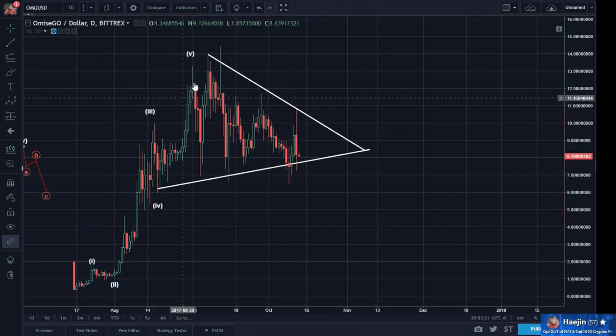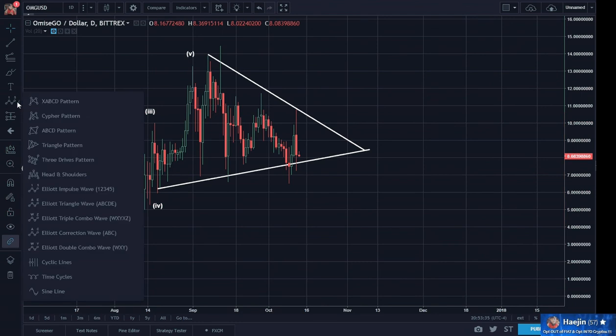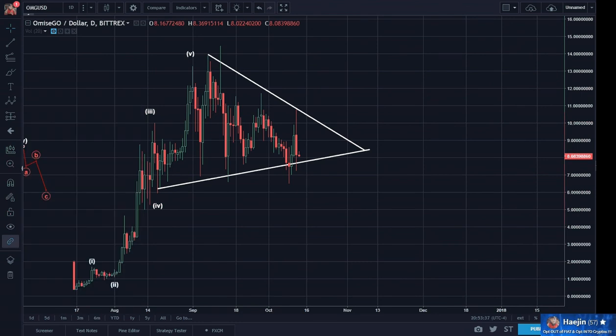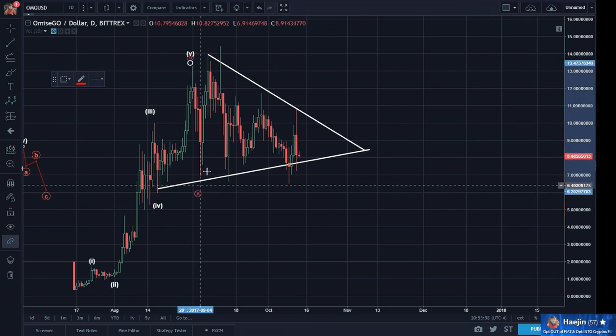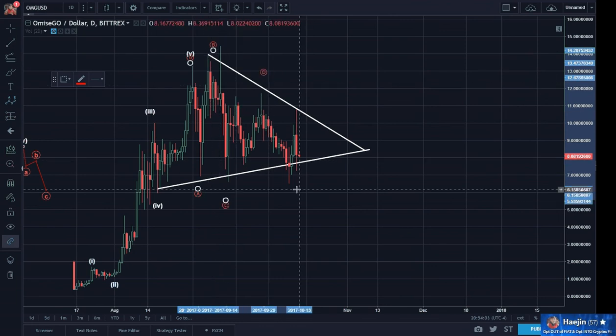And this symmetrical triangle is even and horizontal. It's not pointing downwards, not pointing upwards. And if I have 5 here, then what I can potentially count is, label this A, B, C, D, and E.